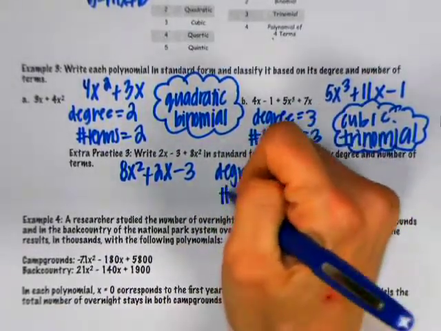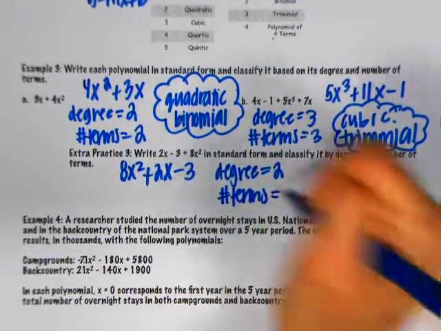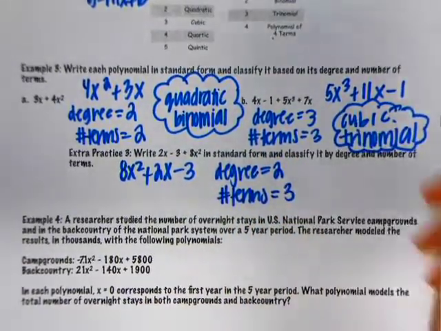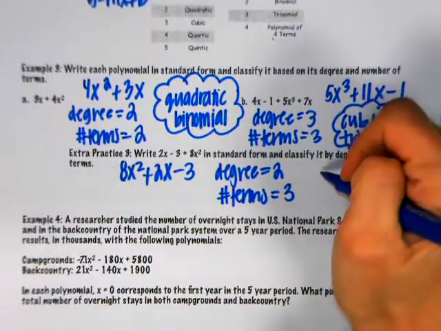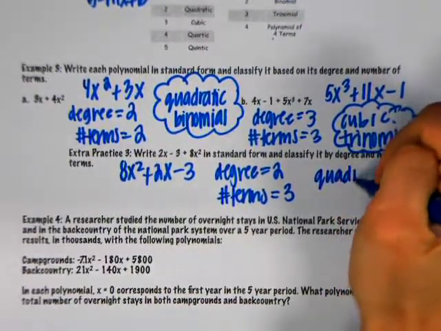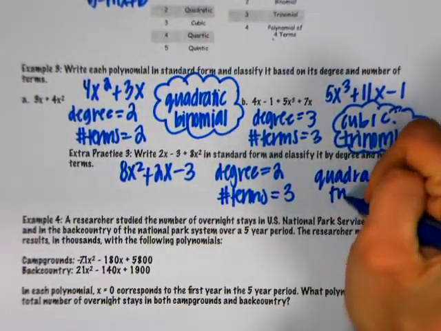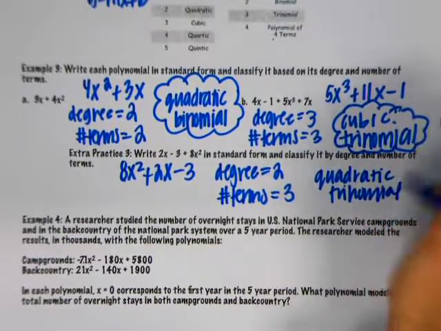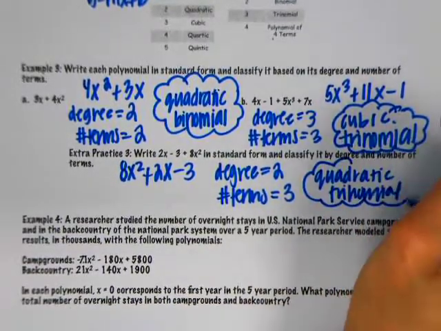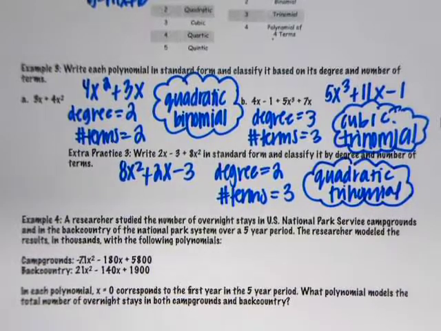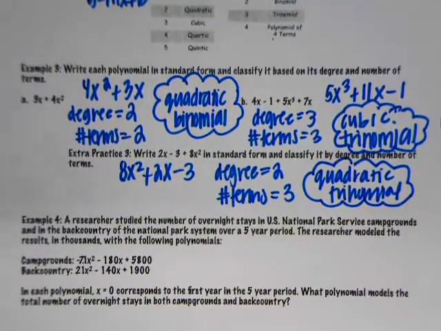And how many terms? 3. So this would be what? Quadratic trinomial. All right. Do we feel okay on that?